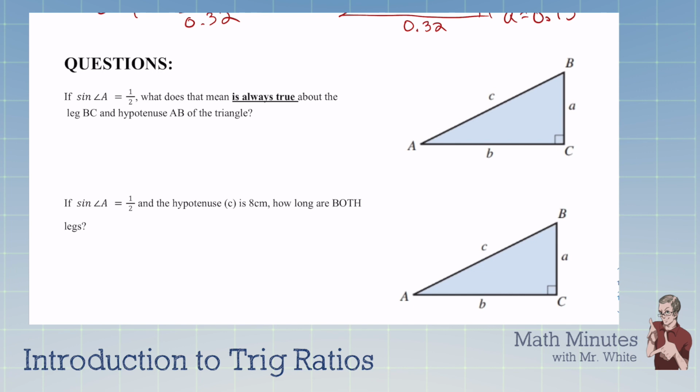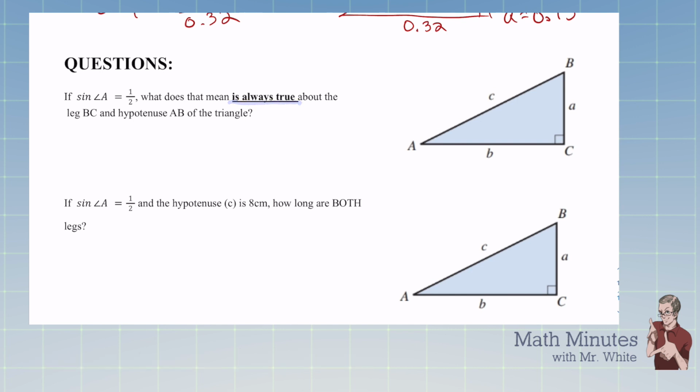All right, so I have a couple questions here for you that I think sort of hint at what we're going to talk about in the next video, in the next section. But if the sine of angle A, here's angle A, okay, if the sine is 1 over 2, that means we have a 1 to 2 relationship between the opposite and the hypotenuse. What does that mean is always true about the leg BC?